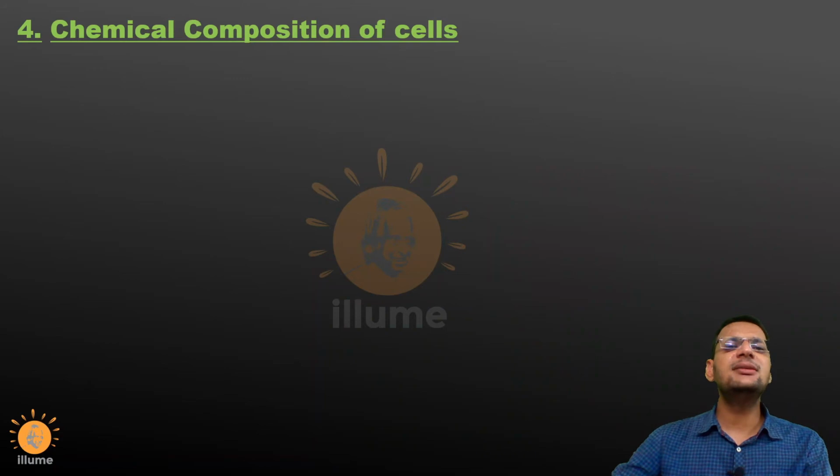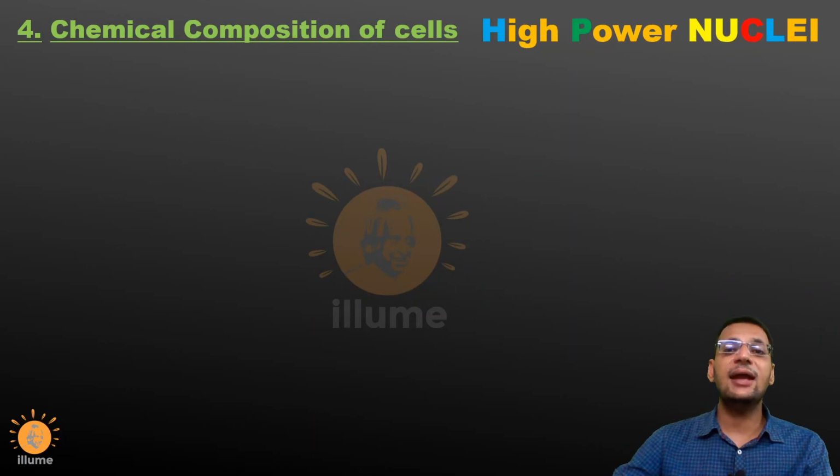So to remember this sequence, tell me which organelle is the most powerful organelle in a cell. Our answer would be nucleus. So to remember the chemical composition of cells, remember about nuclei, and that too a high power nuclei.